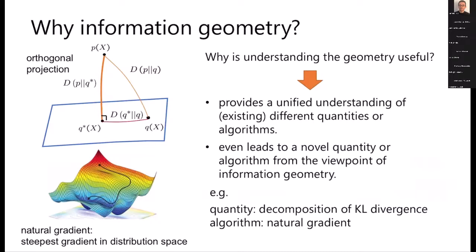For example, some novel quantities can be derived by the decomposition of KL divergence, and a novel algorithm, for example, natural gradient, is probably the most famous example derived from information geometry.